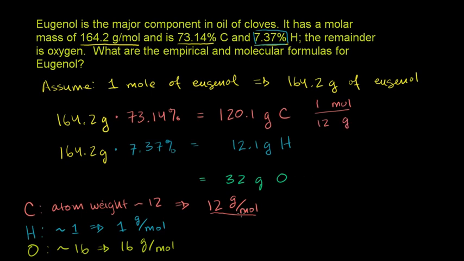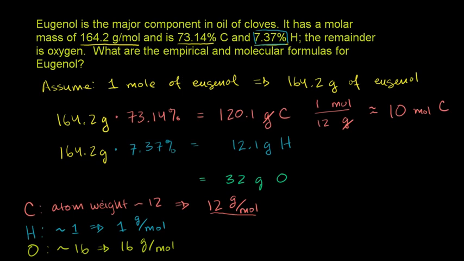If we have 12 grams for every mole, it's also true that we have 1 mole for every 12 grams. And the grams cancel out, and we are left with 120.1 divided by 12, which is pretty close to 10. So this is equal to 10 moles of carbon. So we know how many moles of carbon we have in 1 mole of eugenol.